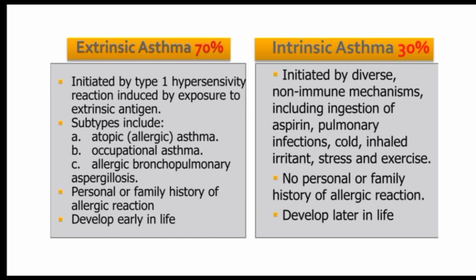What is intrinsic asthma? It is initiated by diverse non-immune mechanisms including ingestion of aspirin, pulmonary infections, cold, inhaled irritant, stress, and exercise. There is no personal or family history of allergic reaction, and it develops later in life.